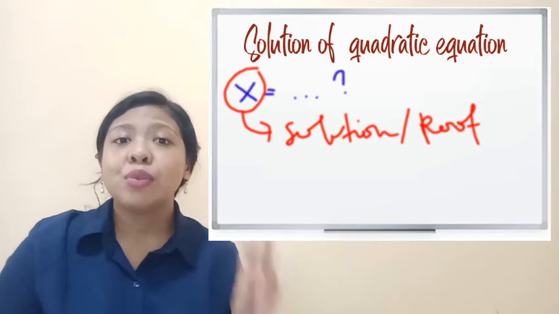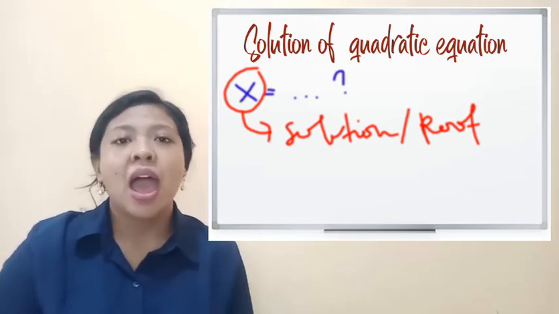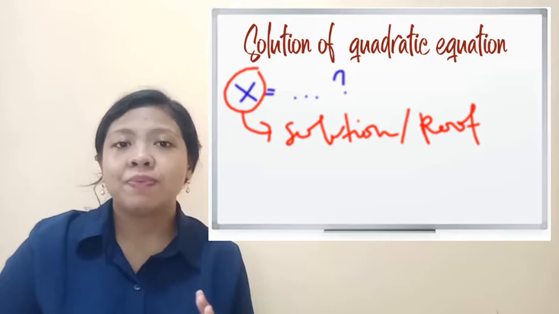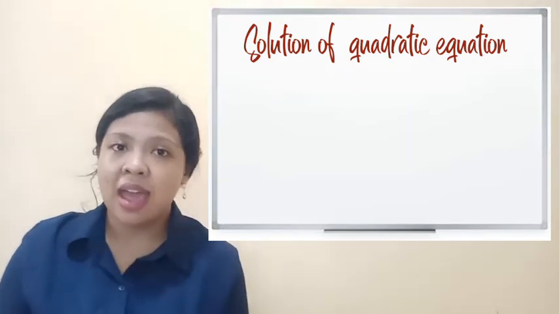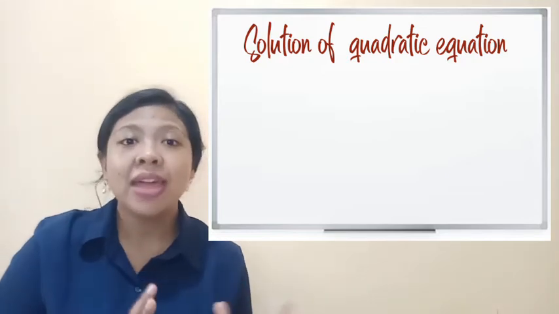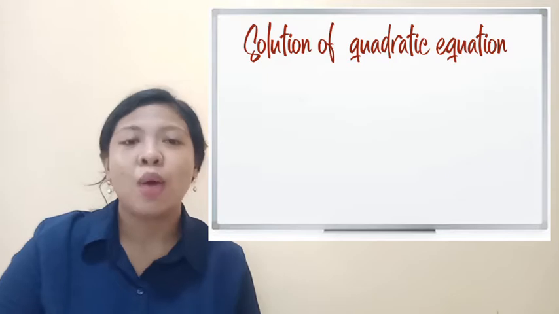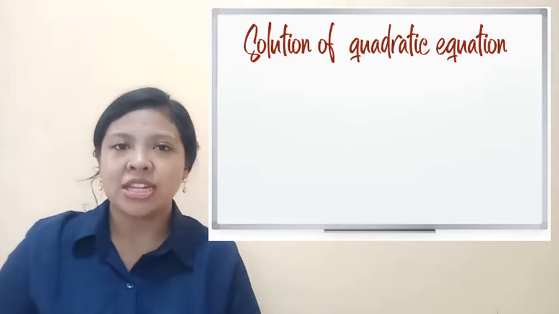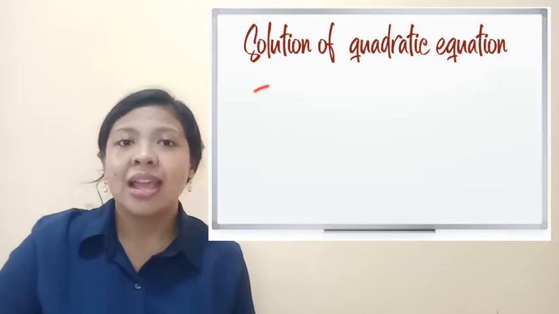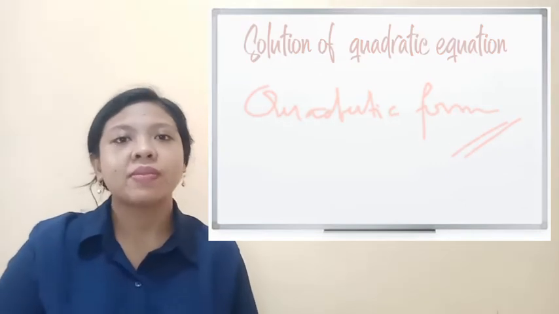There are 3 cases of roots of a quadratic equation, and to know the kind of root the equation has, we must pay attention to one of the methods that we will use to get the solution, and that method is called the quadratic formula method.